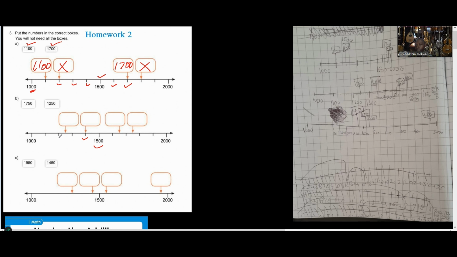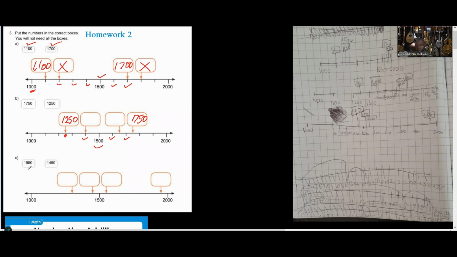So 1250 is going to be after 1200. So this is 1250. Then 1750. That's clear, right? Is that clear to you? Yes. Okay.